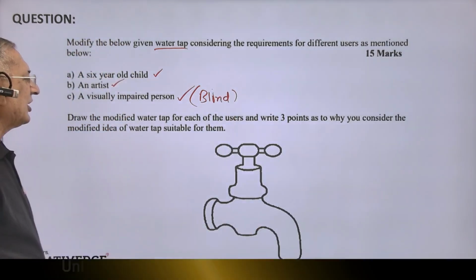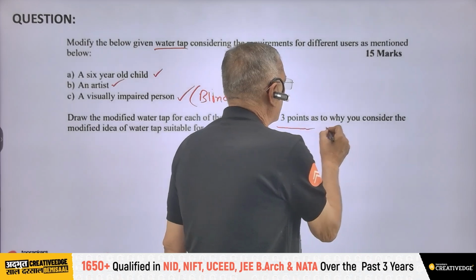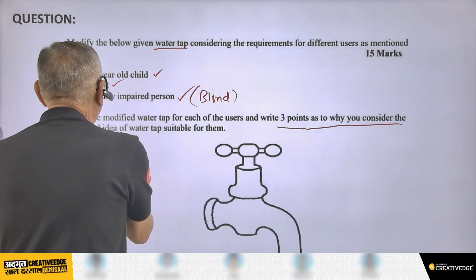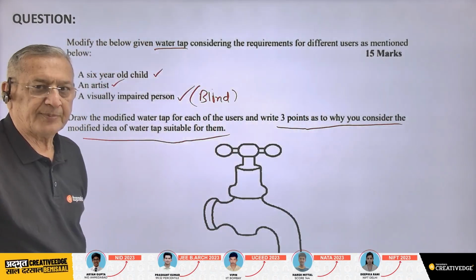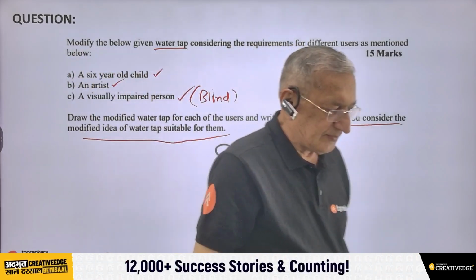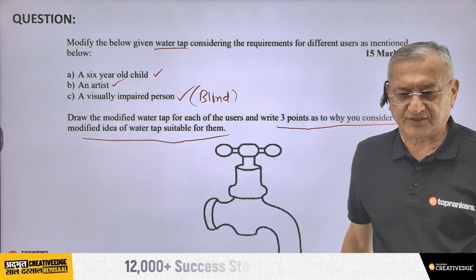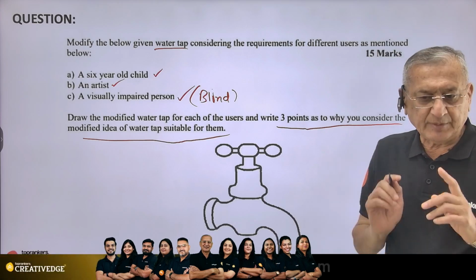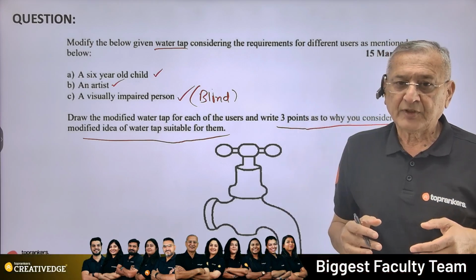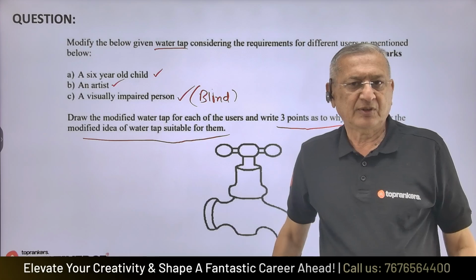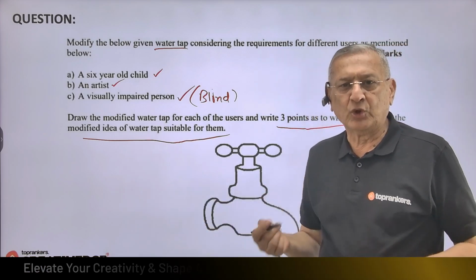Draw the modified water tap for each of the users and write 3 points as to why you consider the modified idea of the water tap suitable for that kind of user. Friends, I may be giving you my approved sketches, but remember that is not the only solution. You may brainstorm by yourself and derive some more options for yourself.